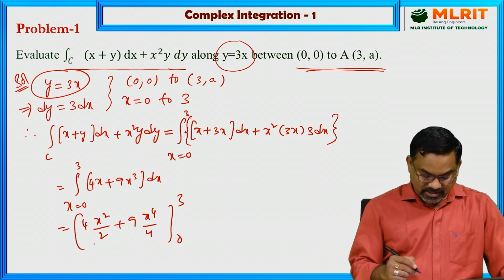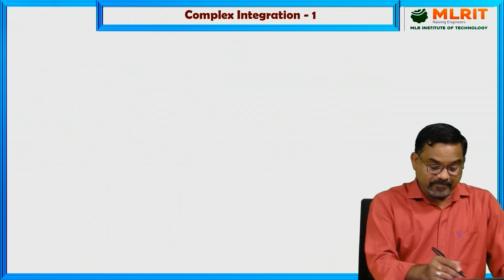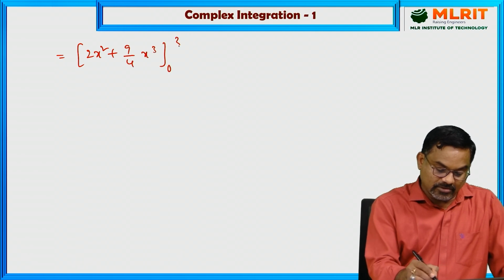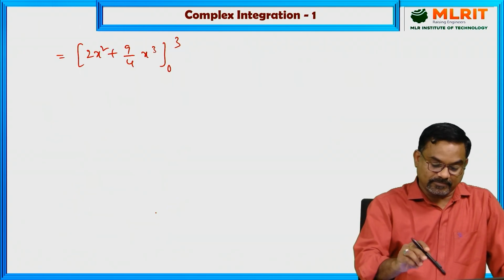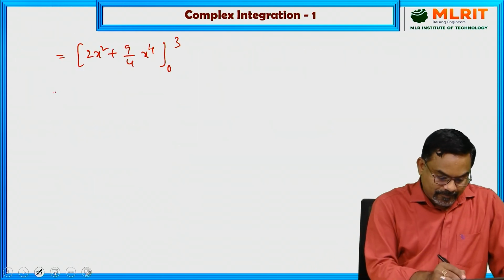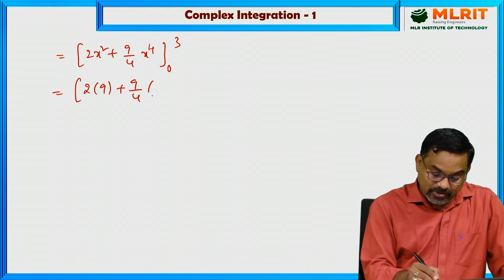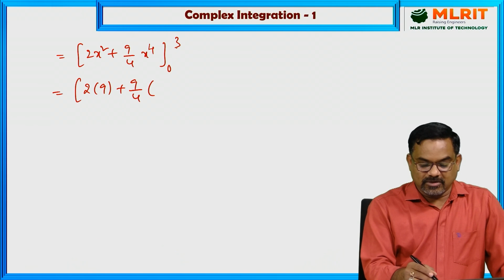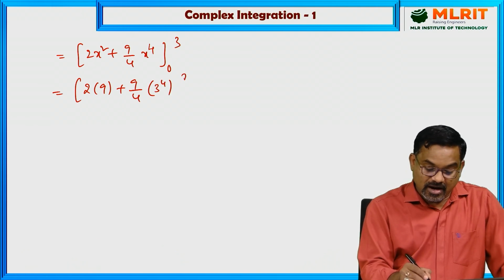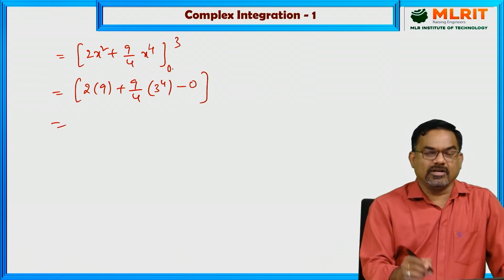So we need to apply the limits. Here 2x square plus 9 by 4 x power 4, and limits are from 0 to 3. Now applying the upper limit, this is 2 times 9 plus 9 by 4 into 3 power 4, and the lower limit is 0, since the lower limit x is 0.